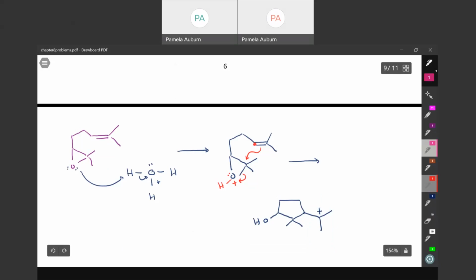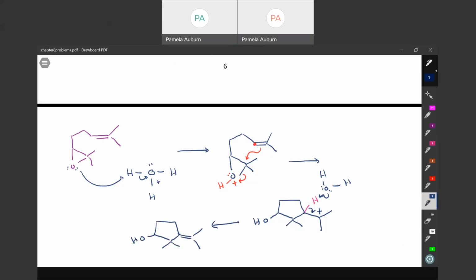So what I haven't drawn here is there is a hydrogen here, and the water is going to come in. Do that, and those are going to move down there. And that is my product.